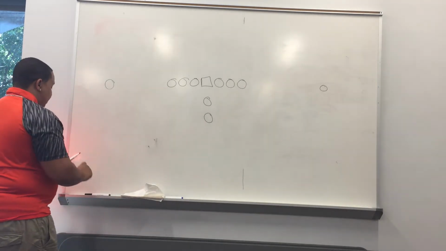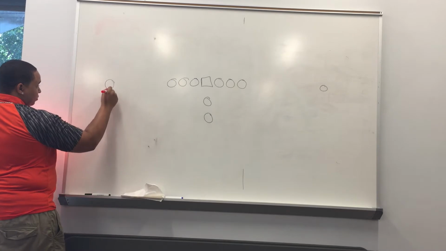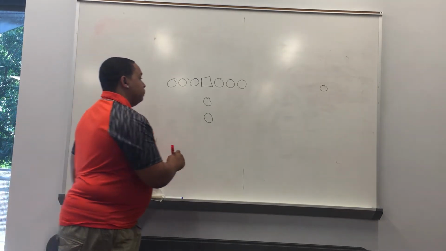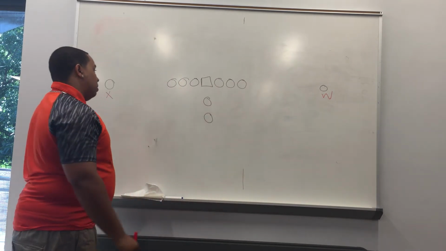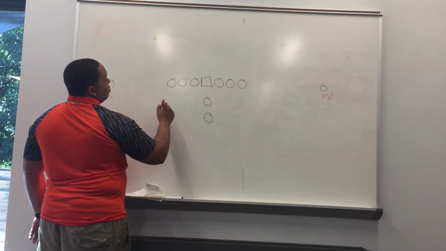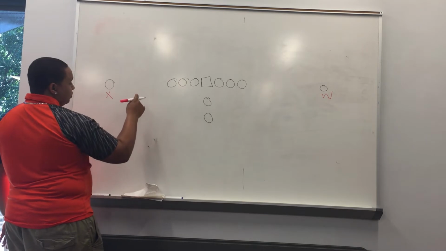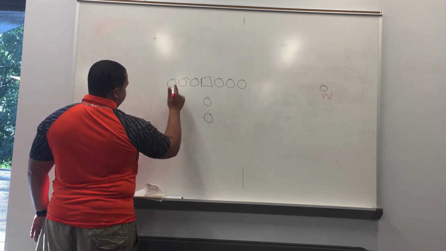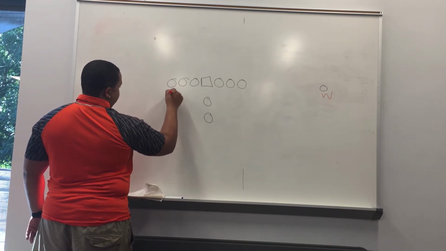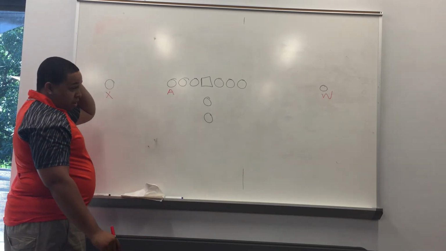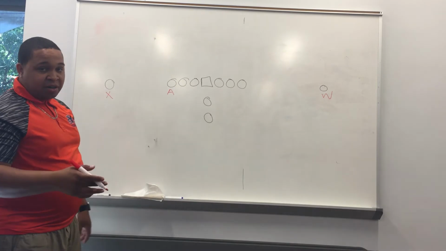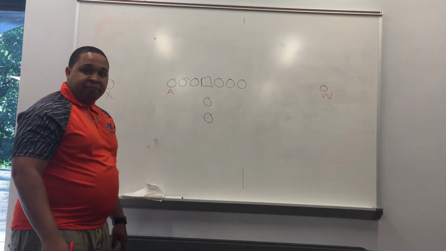So here's what we have right here. We have the X. We have the W. Then, generally speaking, we want to go the A right here, because the A is our halfback, is our faster guy.